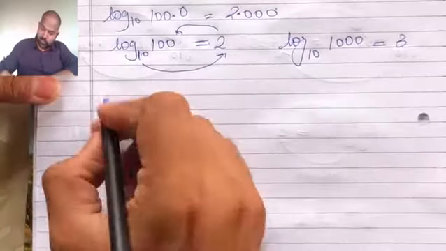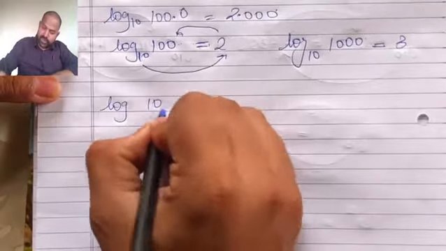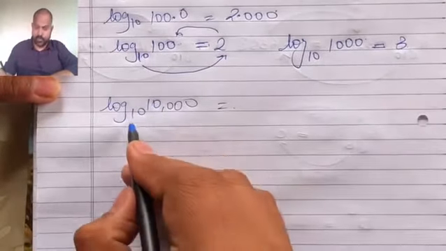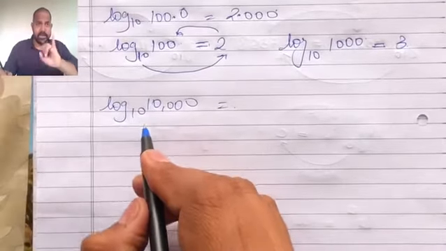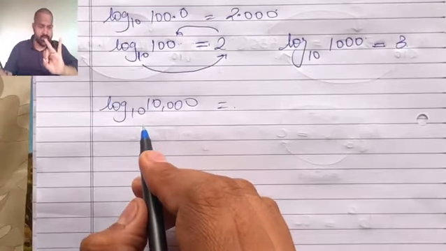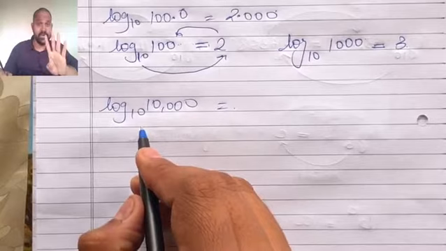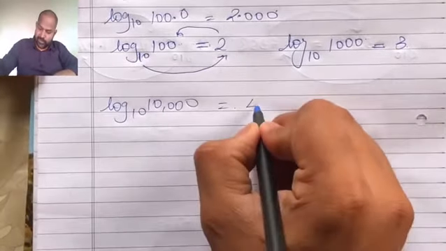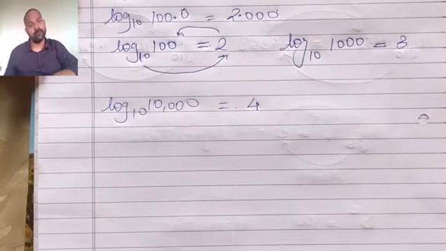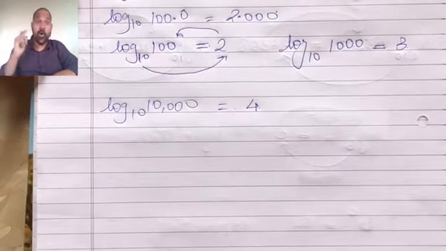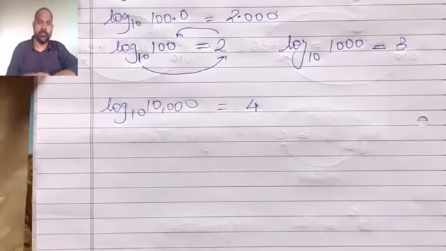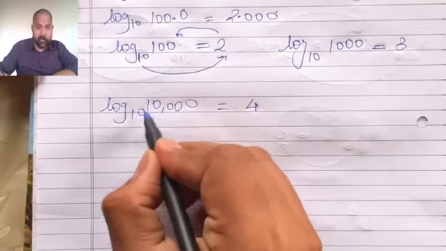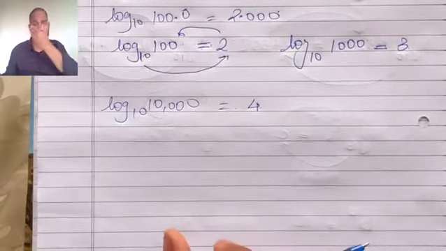What if I ask you what is the log of 10,000 to the base 10? Well, simple. 10 raised to 4 is 10,000. And that is why the answer is 4. So, do I always need the log table? No. If this value is a perfect power, then I don't need a log table.